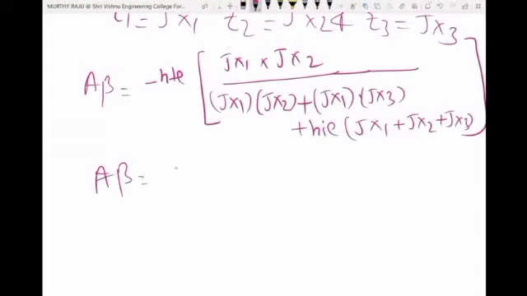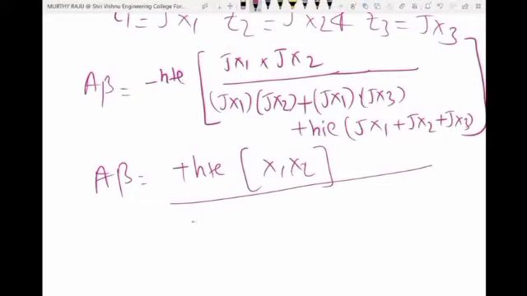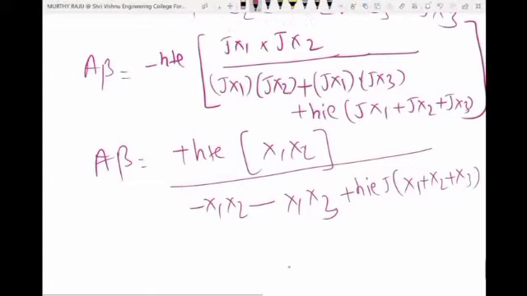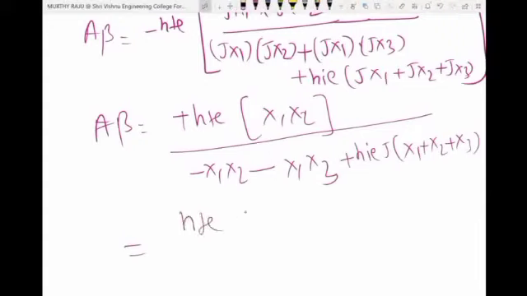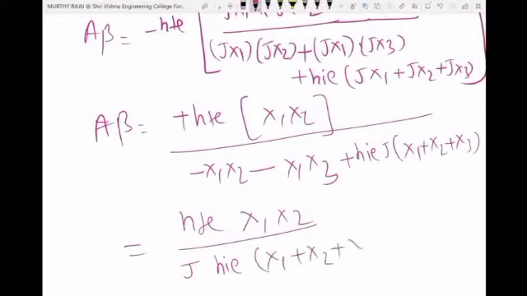It simplifies to A beta is equal to h of e x1 x2 by j into hie x1 plus x2 plus x3 minus x1 x2 minus x1 x3.